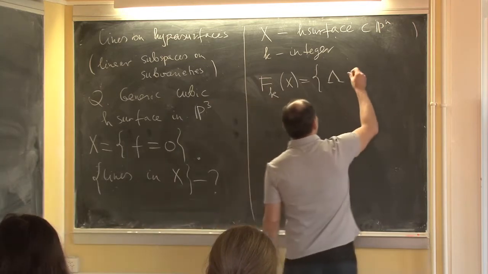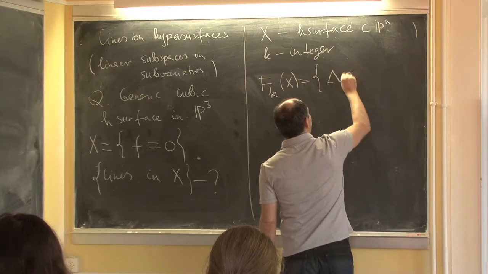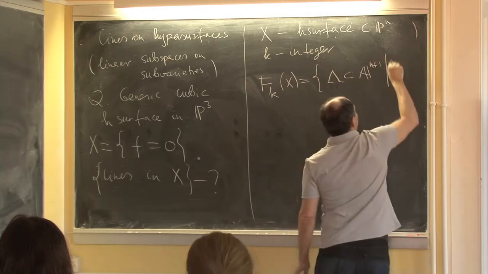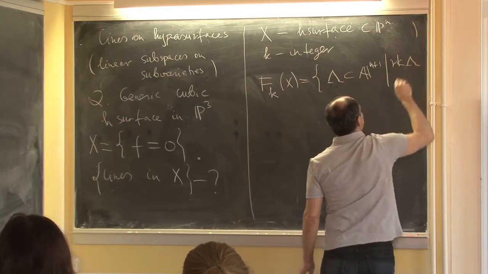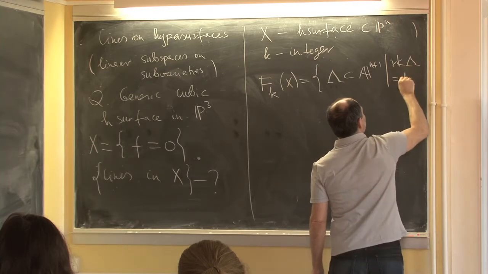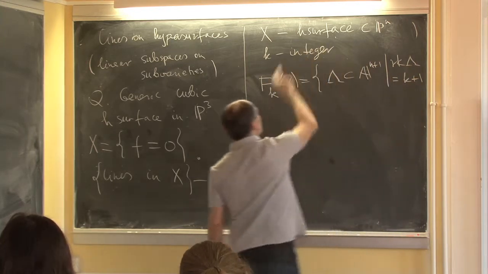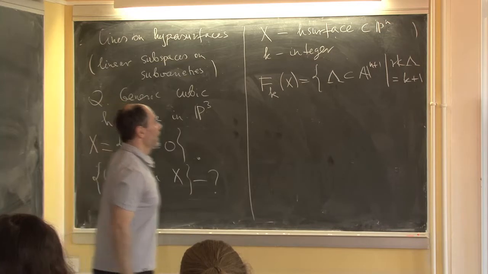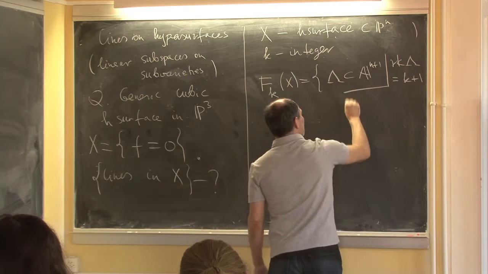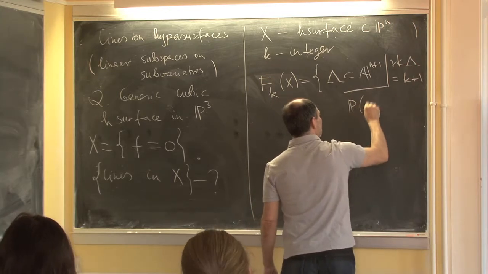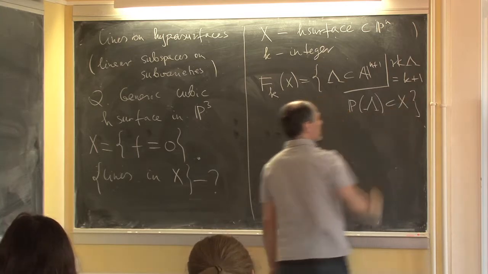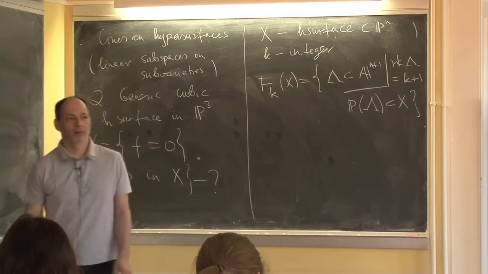So K plus 1, this corresponds to lines in the hypersurface, and then the projectivization, so I continue the condition, if I projectivize lambda, then this will be in X, right? That's the correct condition, right?